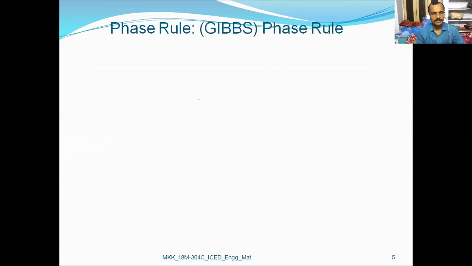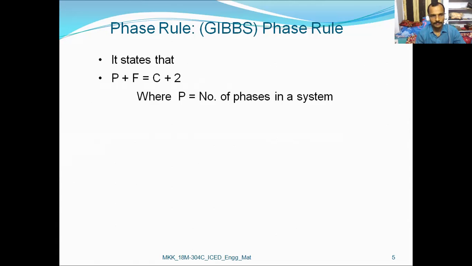So now let us move on to a rule given by Gibbs, known as Gibbs phase rule, which states that P plus F is equal to C plus 2. Now let us know what is P. P is the number of phases in a particular system.